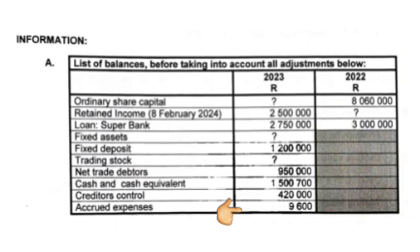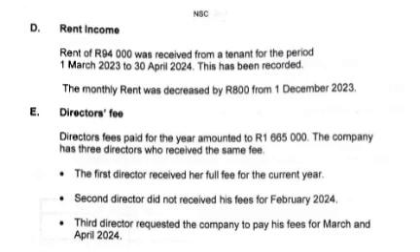Then I'm also going to look at in my information, is there any other information that's going to fall under my trade and other payables? So in information D, I have rent. They say rent of 94,000 was received from a tenant for the period of 1 March 2023 to 30 April 2024.